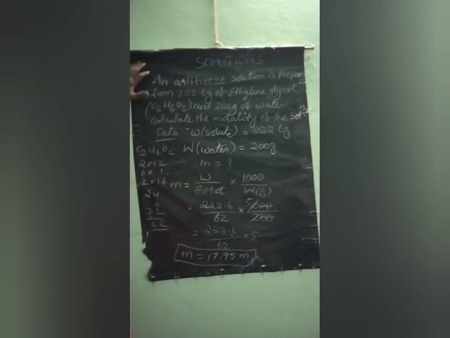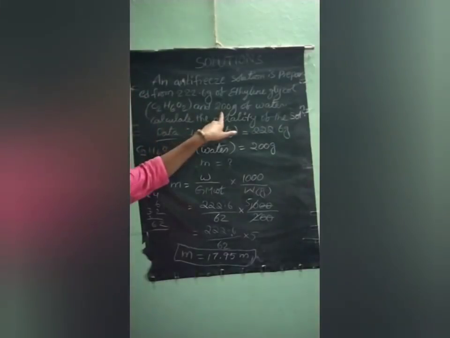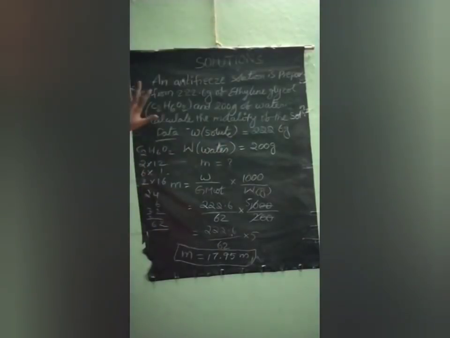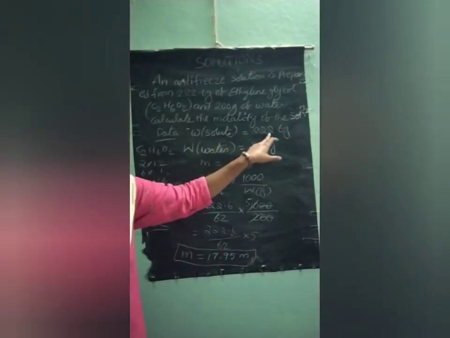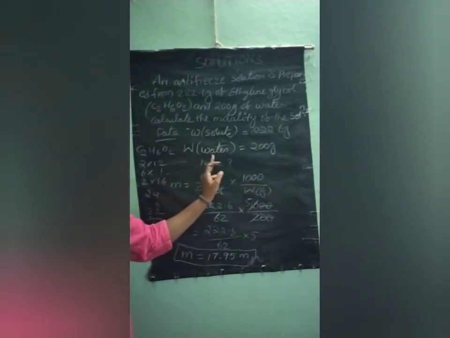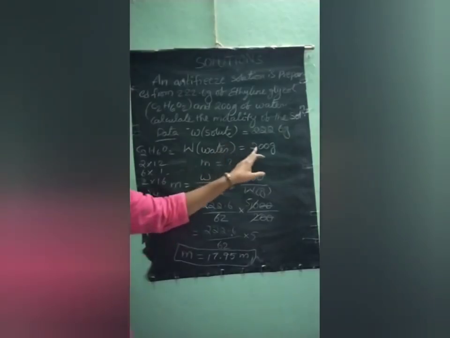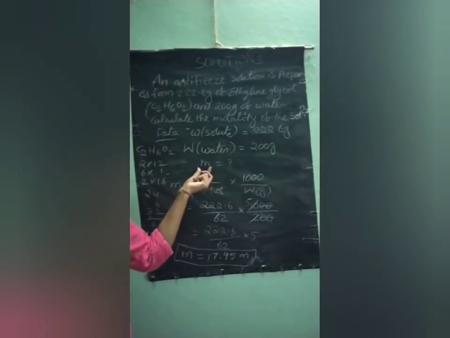So again I repeat: an antifreeze solution is prepared from 222.6 grams of ethylene glycol. The molecular formula of ethylene glycol is C2H6O2, and 200 grams of water is given, and calculate the molality of the solution. So the data is the weight of the solute, ethylene glycol, that is 222.6 grams, and the weight of the solvent, water, that is 200 grams, and find the molality.